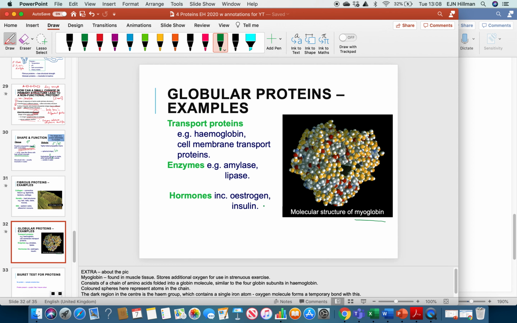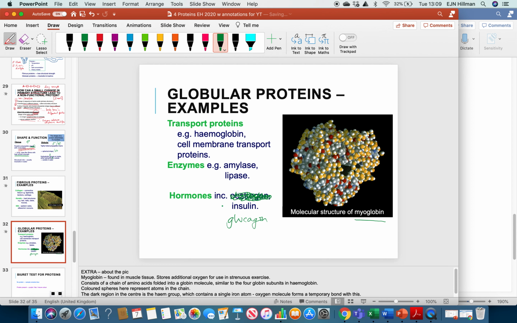Hormones, insulin and let's say glucagon, ignore estrogen there, are both proteins, and they have a very specific tertiary structure which is complementary to a receptor on the surface of the target cells.